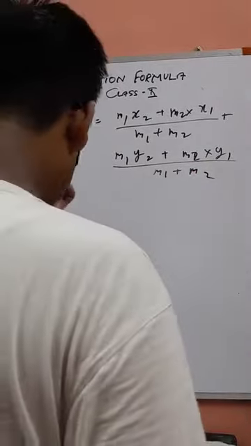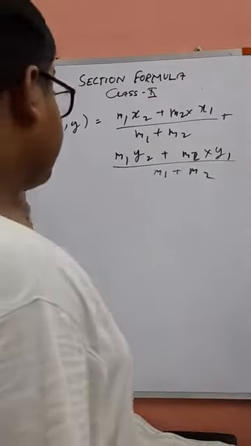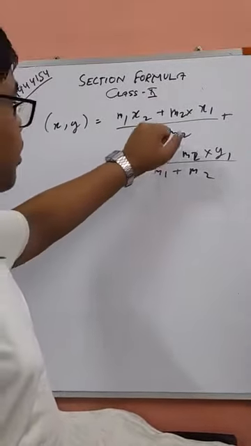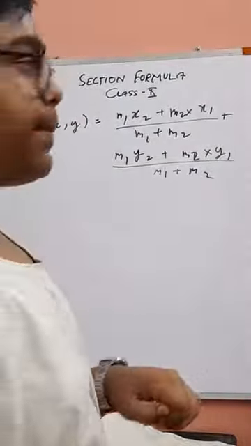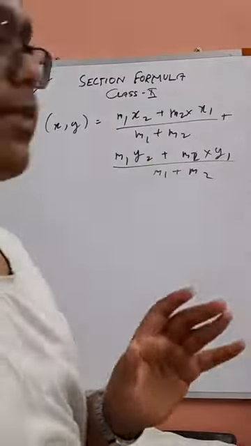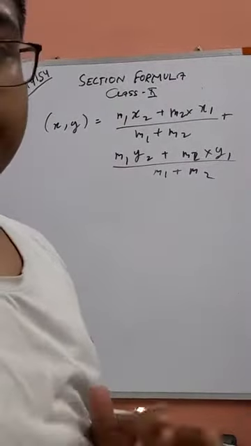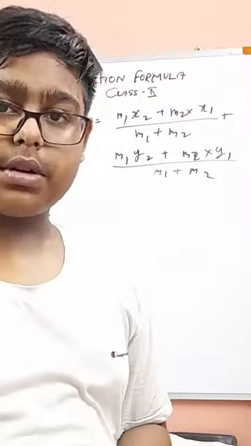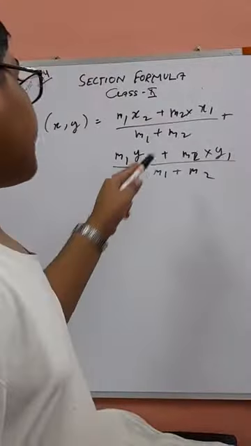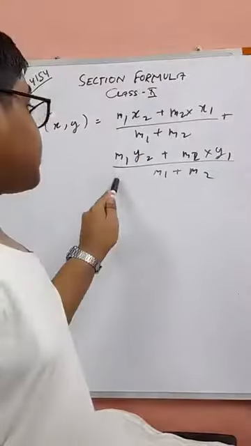Now we keep m1 and m2 as the variables for the ratio because it is easy for us, like 1 into 2 and 2 into 1. There should never be the same subscripts together during multiplication. Therefore that is easy. For example, first number keep it for x only, second number keep it for y only. Now m1 into x2 means the subscript of m should not match with the subscript of x if you keep it in this format, and m2 into x1 same not matching, so is for y.